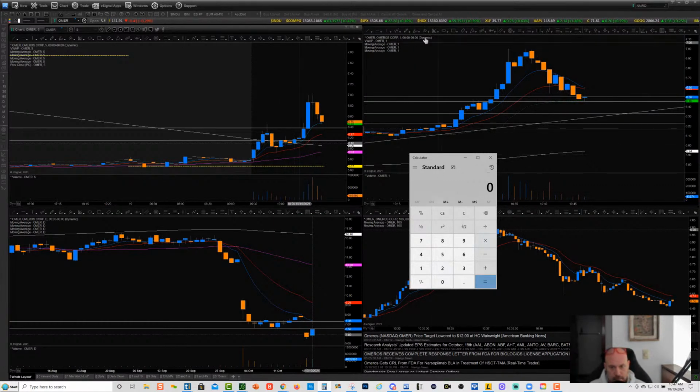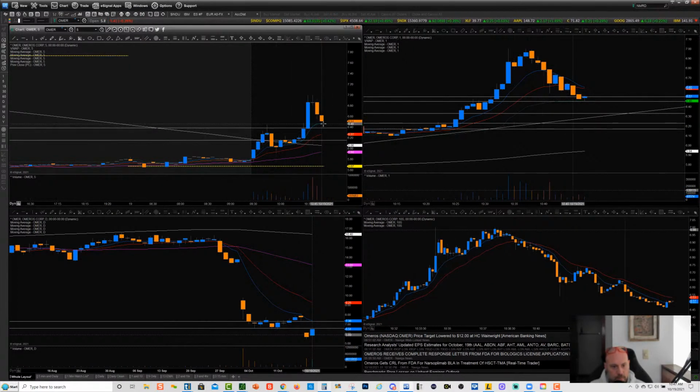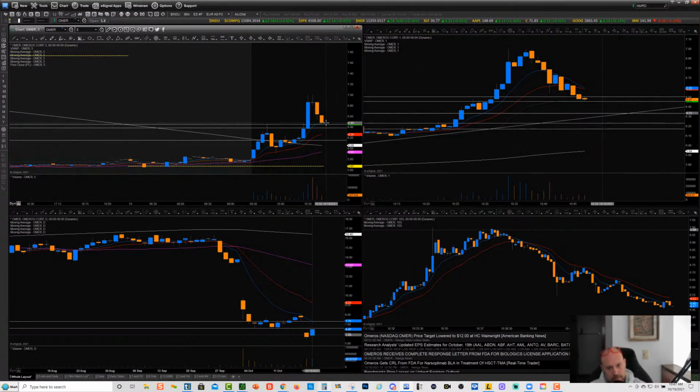So right now you can see OMER right back down. You'll see right off that blue line on a 5-minute chart, which is that 9 EMA, which is also the previous peaks' candles. What is it going to do? I don't know. I watch and I wait for the candles to form, see if it holds.